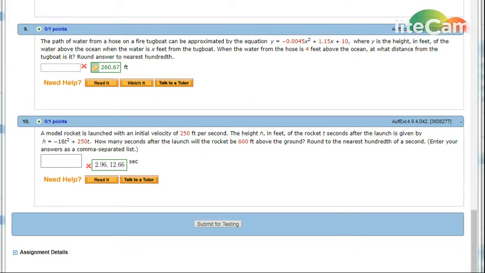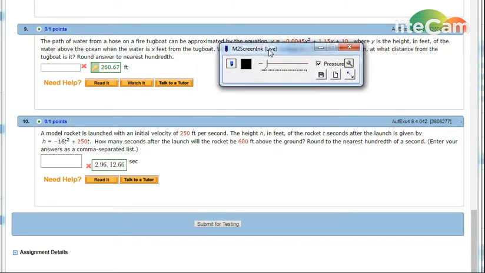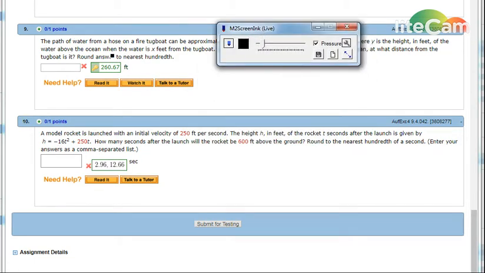So let's go ahead and plug in H equals 600, because the height is 600 feet. Plugging in 600 for H, we get 600 equals negative 16t squared plus 250t. So this is a physics equation, an object in free fall.